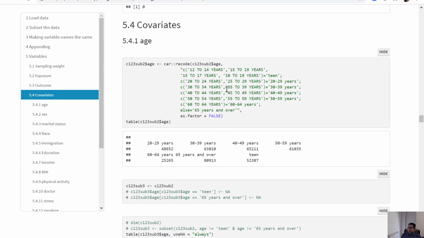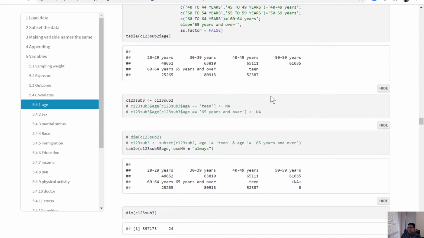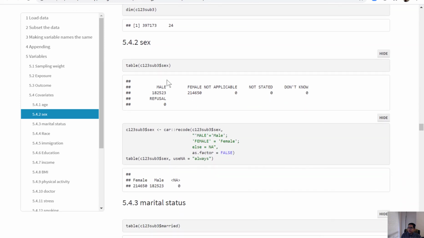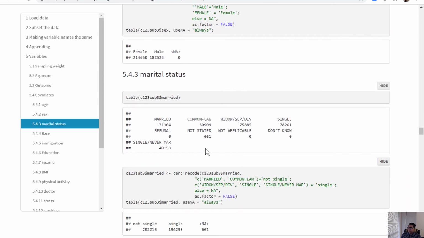Similarly, we work with age group. There are many different age groups, and I just want to combine them into a smaller number of categories. Then I'm working with the sex group. There was only male and female there. No other information was incorporated.